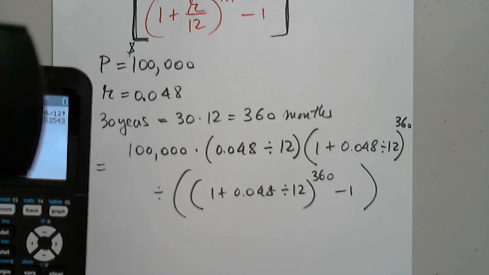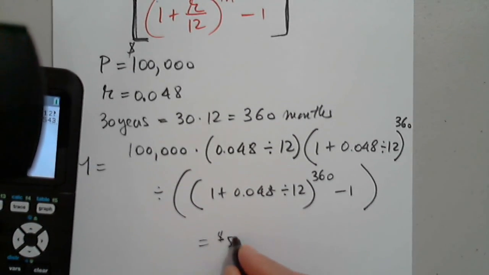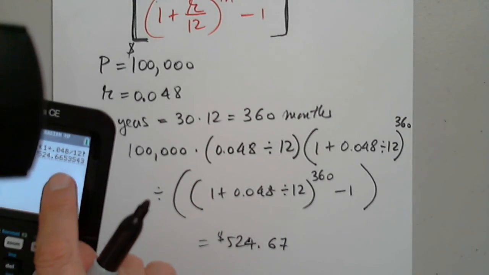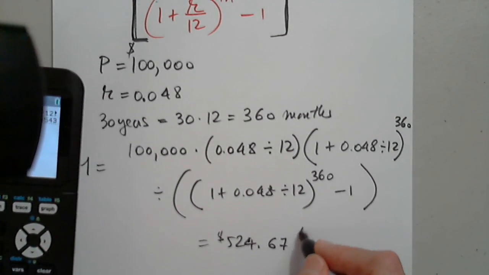And that's it. So this is $524.67 per month.